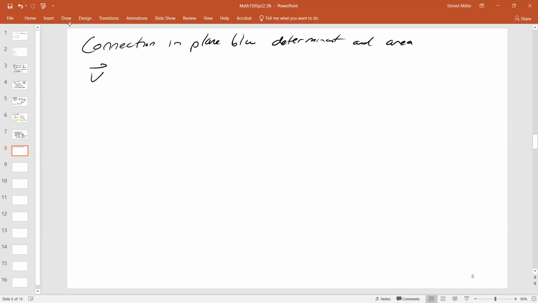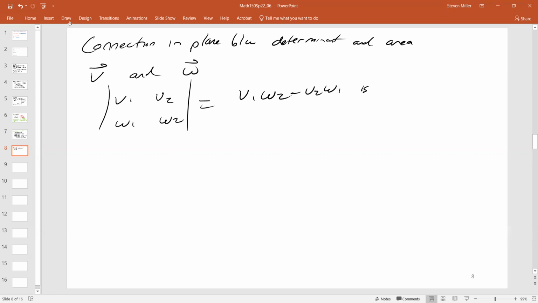If I give you the vectors V and W, then the determinant of V1, V2, W1, W2, which is V1W2 minus V2W1, is the signed area.